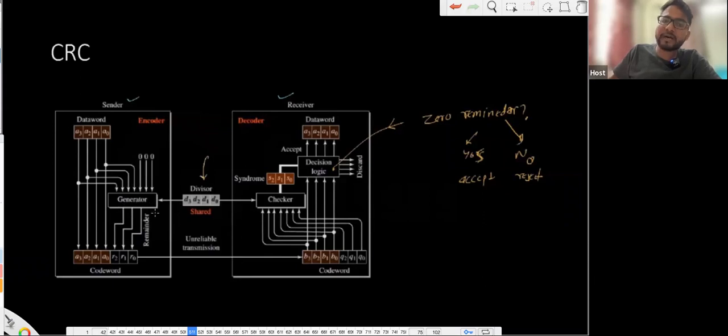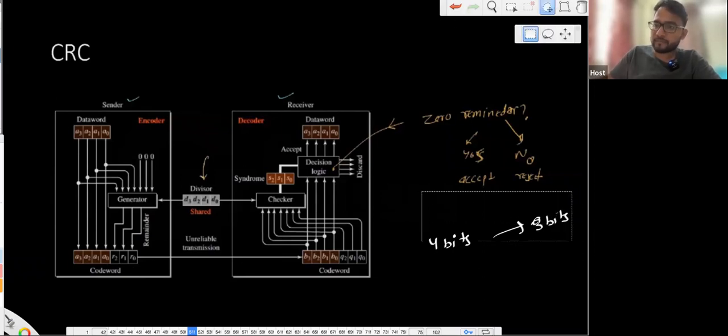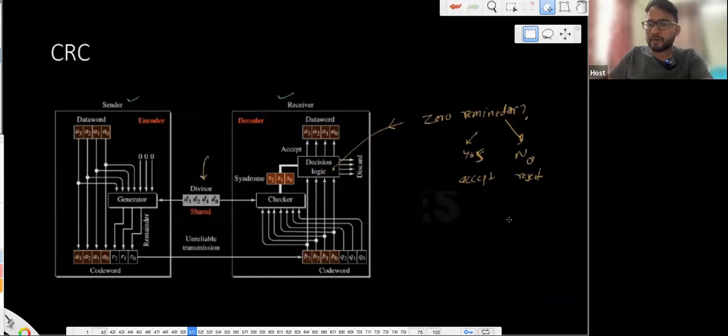Then the parity bits will be of length 3, because these parity bits are just a remainder. You will divide with this generator. The generator is 4 bits, so the remainder could be of 3 bits, right? It will be of 3 bits. It cannot be 4 bits. Okay. So this is what we did, right?